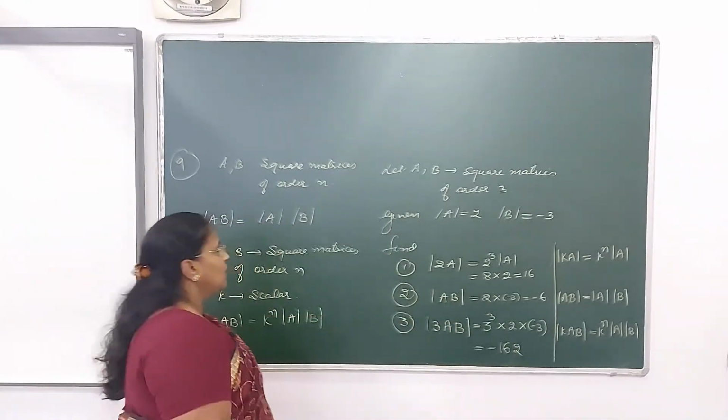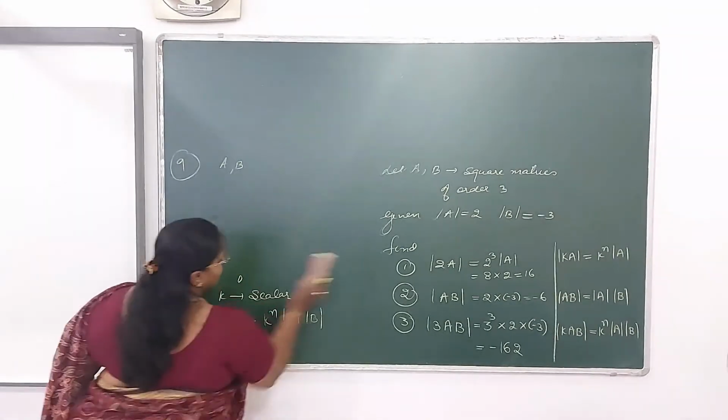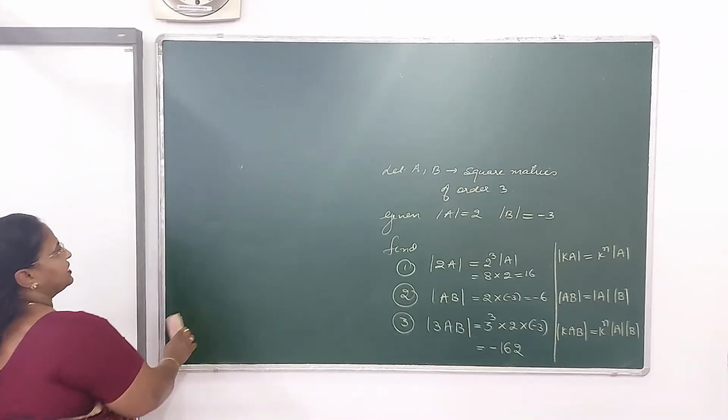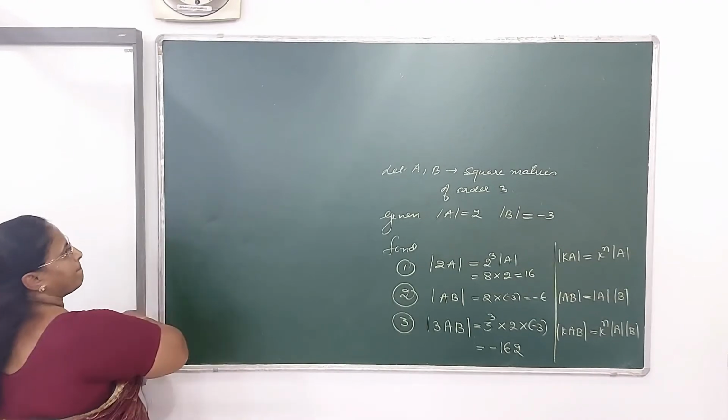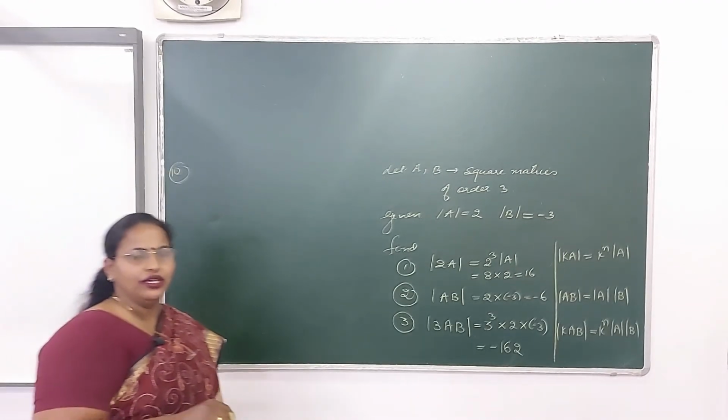Okay. So now see the last property. The last property of the determinant, what it says, let A be a square matrix of any order.